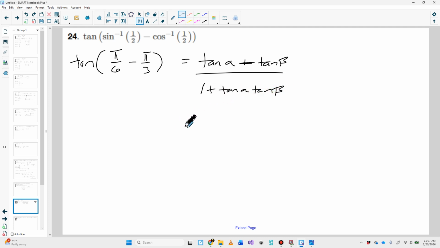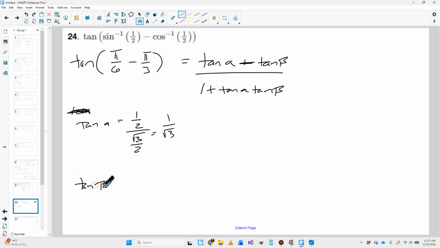All right, tan alpha, whatever the tan of pi over 6 is, let's just write that down. The tan of alpha is 1/2 divided by the square root of 3 over 2. Well, that's just 1 over the square root of 3.